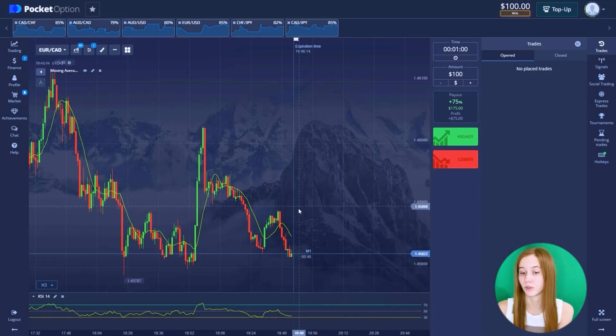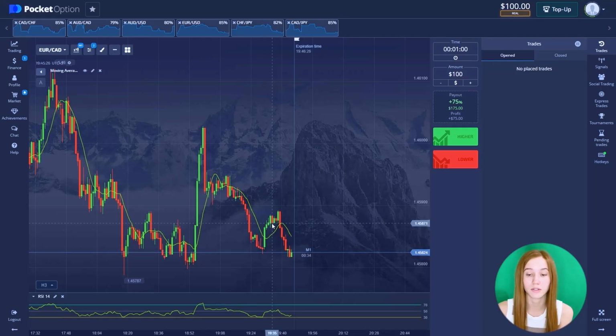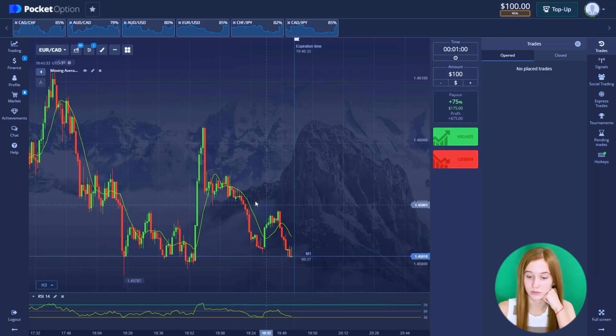Using it, you can determine the current trend and find signs of its possible change. If the asset price is above the moving average, it means the trend is upward. If it's below the moving average, it means the trend is downward.